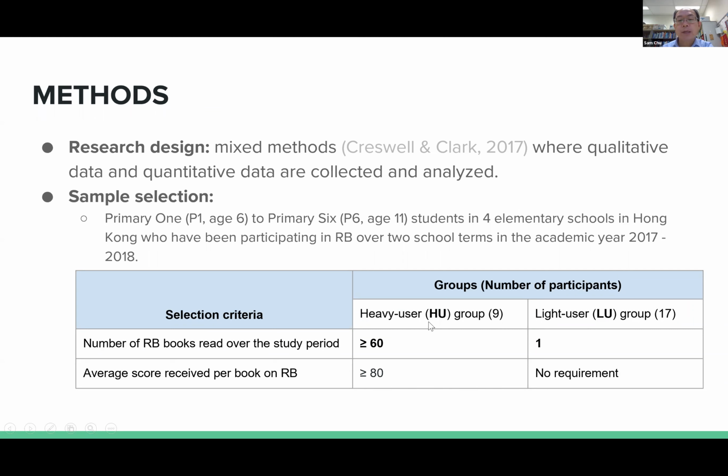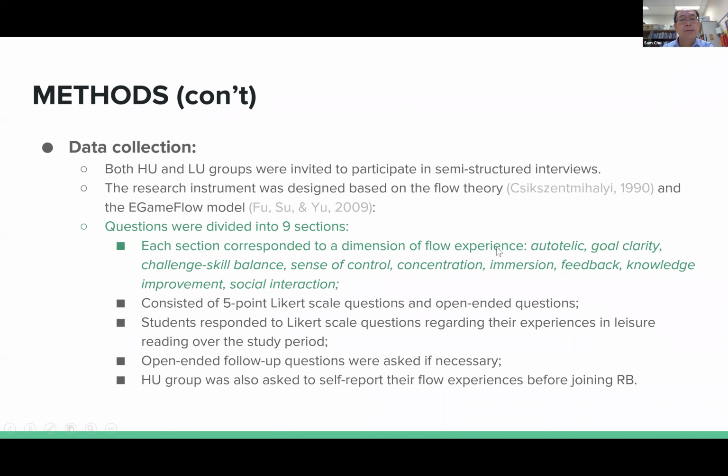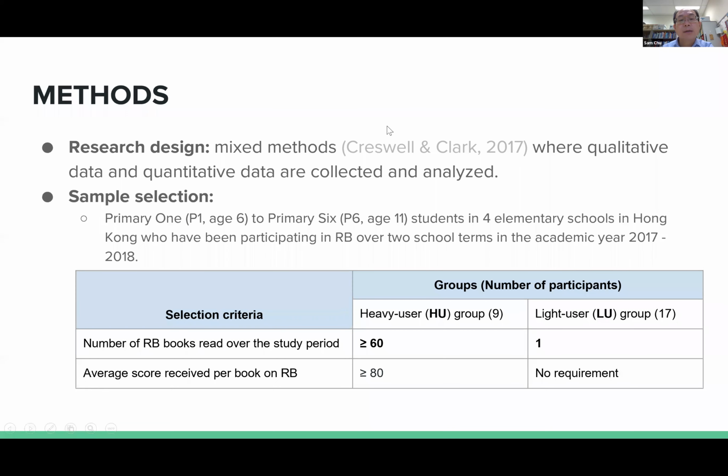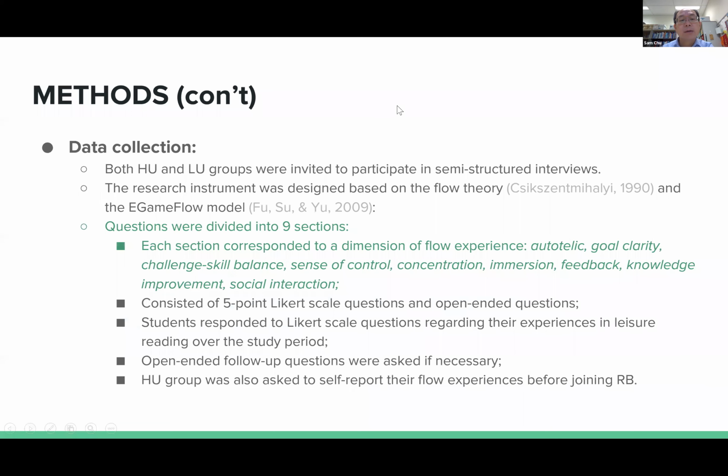One is heavy users of Reading Battle, and the other is light users, which means they have hardly used it. The data are collected under 9 elements of flow: autotelic, concentration, immersion, and so on.